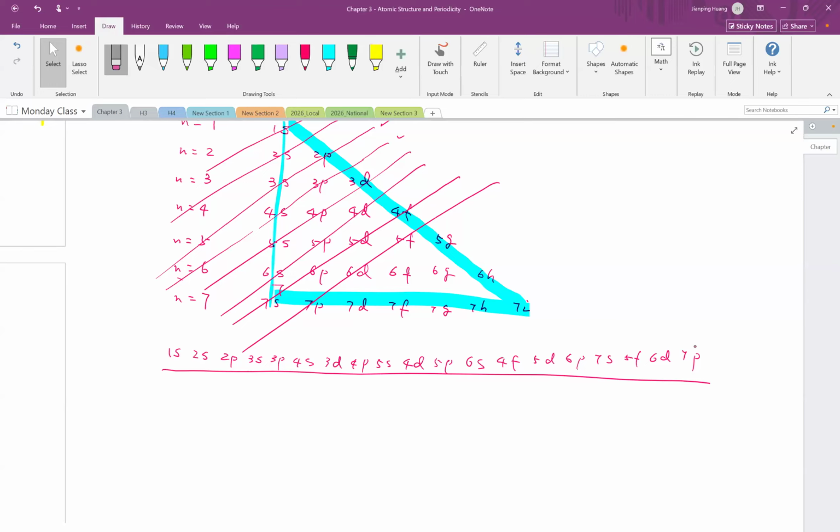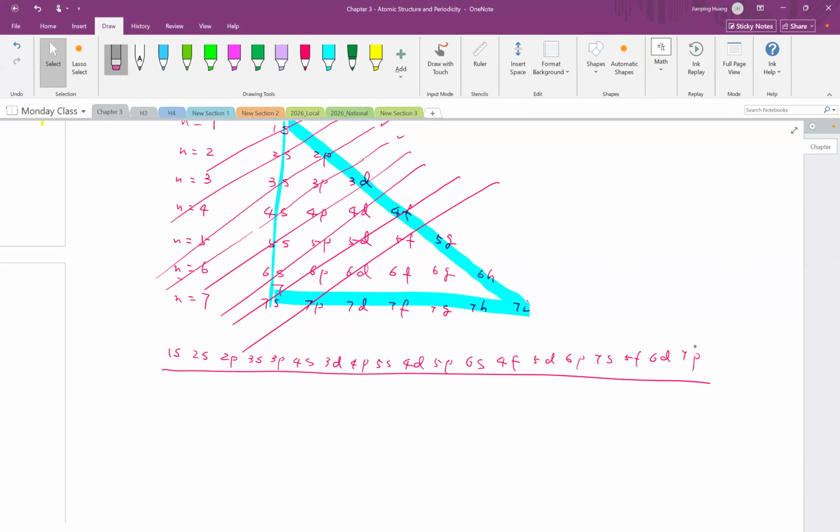Good job. Let me check it for you. Can you use a smaller letter? I want you to get it right at the beginning. 1s, 2s, 2p, 3s, 3p, 4s, 3d, 4p, 5s, 4d, 5p, 6s, 4f, 5d, 6p, 7s.